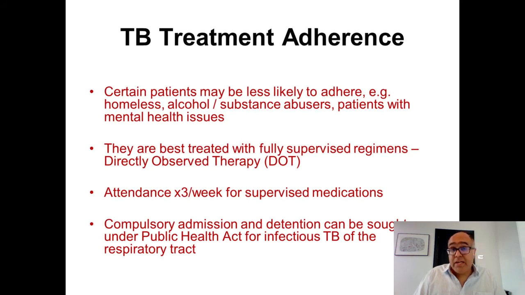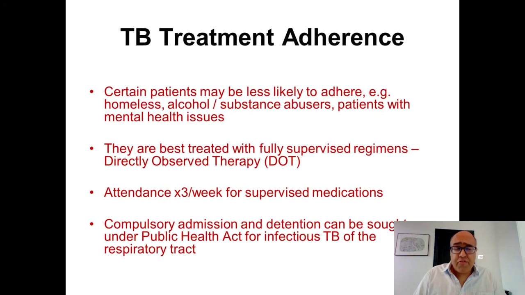These patients might benefit from a more supervised regime, something we call directly observed therapy, which essentially involves attendance 3 times a week to have supervision of medications given by usually a specialist nurse, but it could be a trained pharmacist or any member of the team who's interested and involved in that side of care.